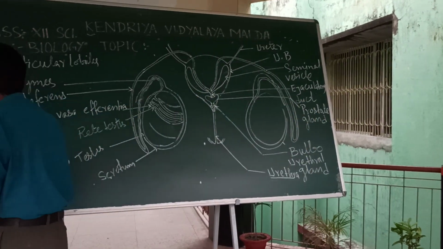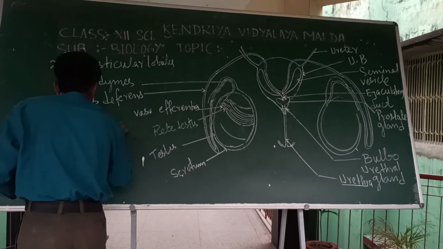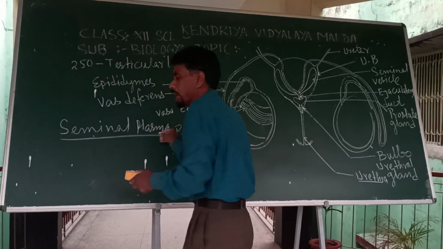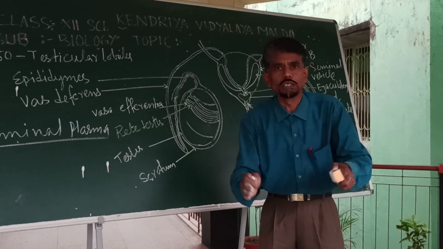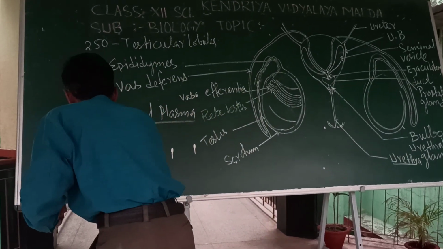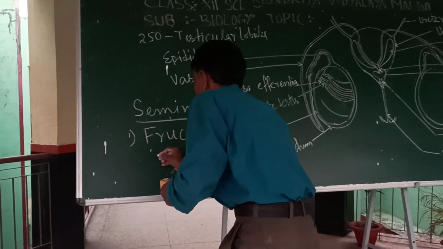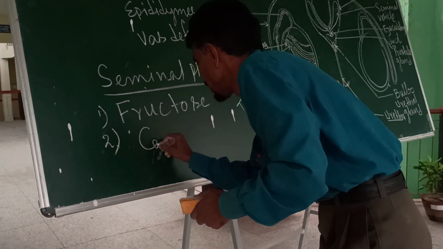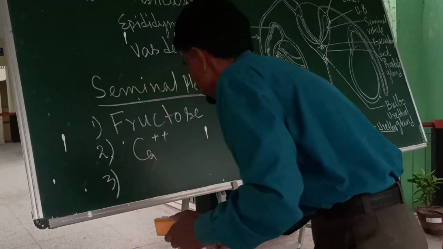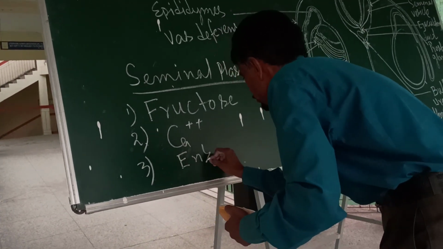What is it called? Seminal plasma, otherwise commonly called seminal fluid. This seminal fluid contains number one, fructose, number two, calcium ions, number three, enzymes.